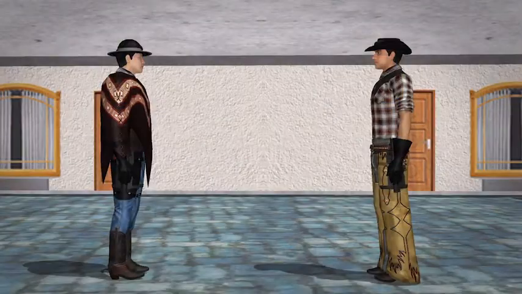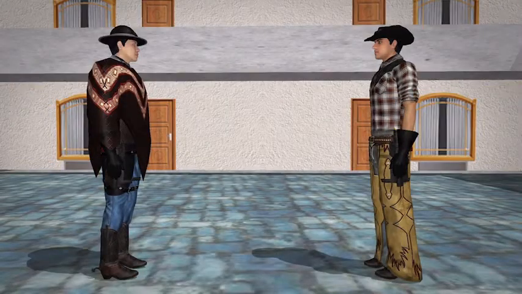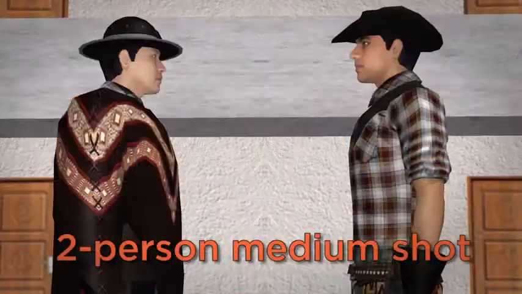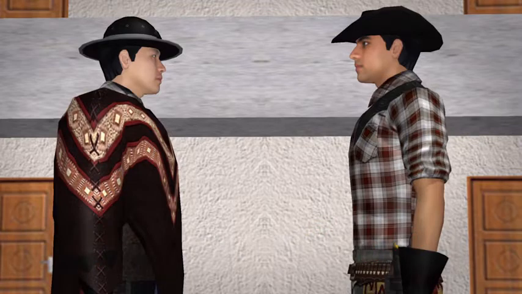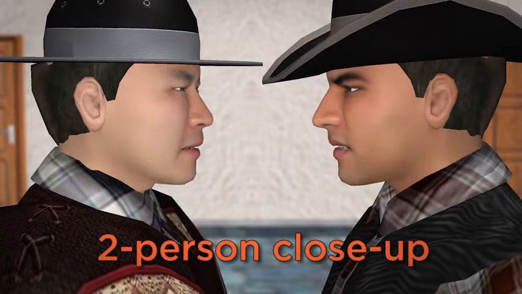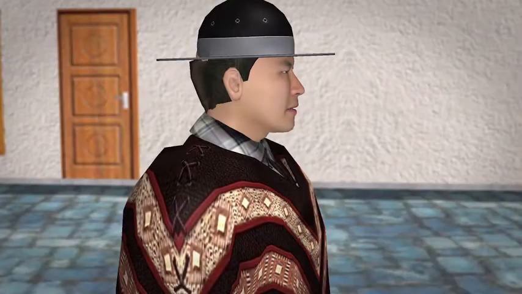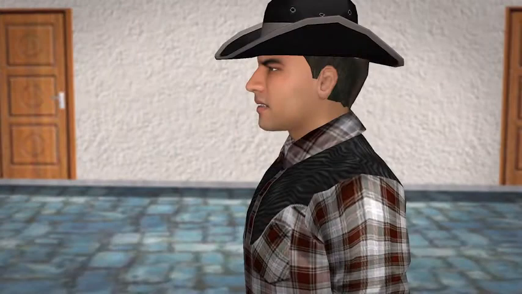But what if we zoomed in or moved the camera closer? Maybe to a 2-person medium shot, meaning both actors from the waist up. Or move the actors closer and move the camera closer. And now we have a 2-person close-up. Both actors, shoulders up. Or split it into 2 shots. Close-up of A looking east, then close-up of B looking west.